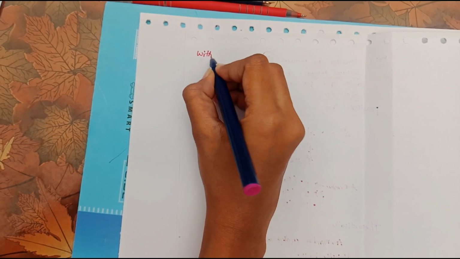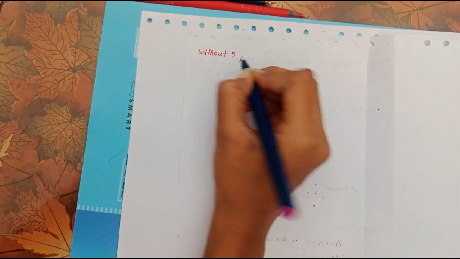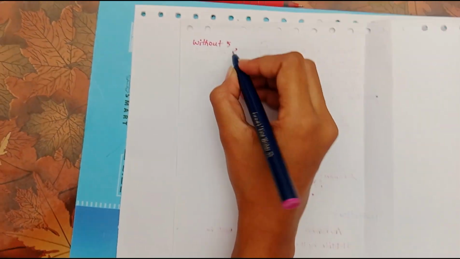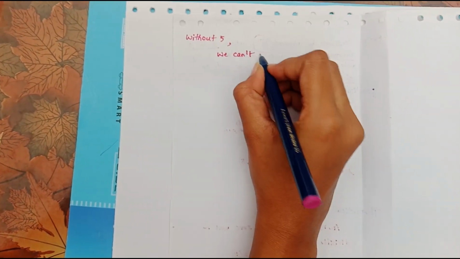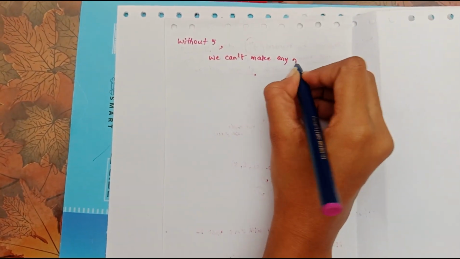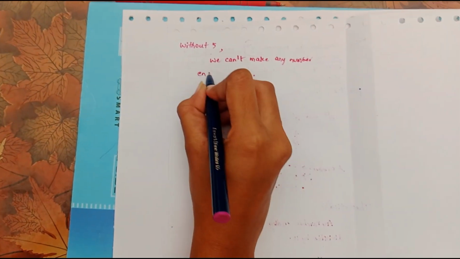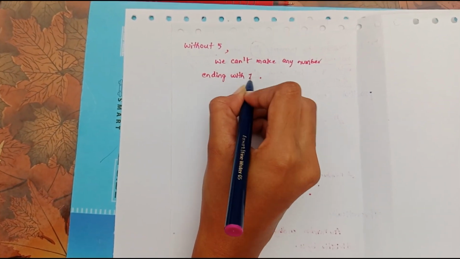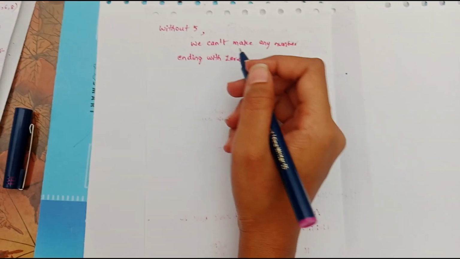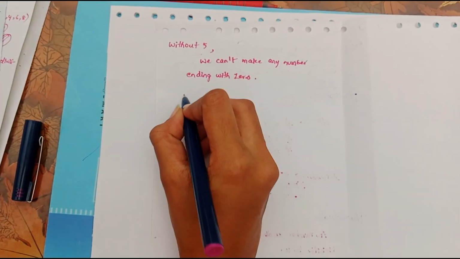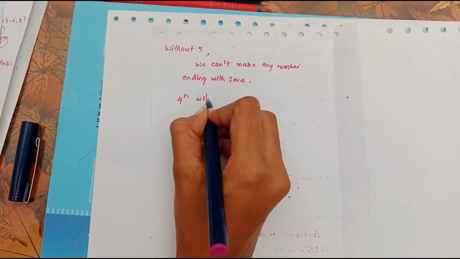Without 5, we can't have any number ending with 0. So no matter what value of n we take, we can conclude that 4 power n will never end with 0.